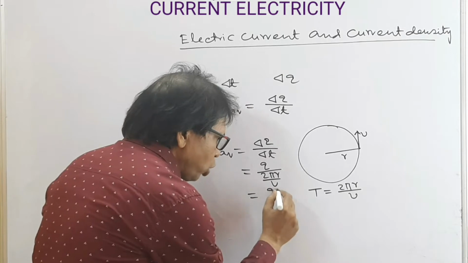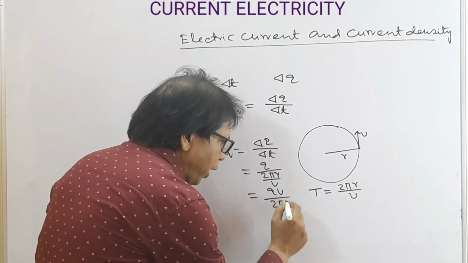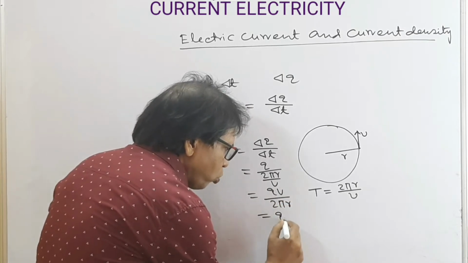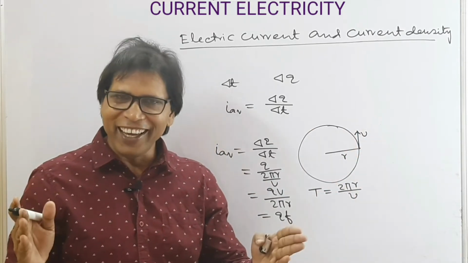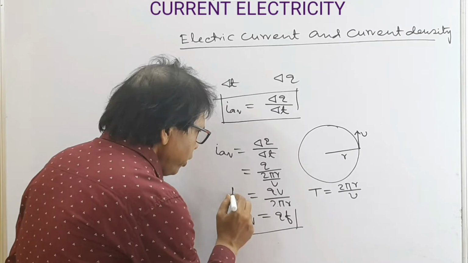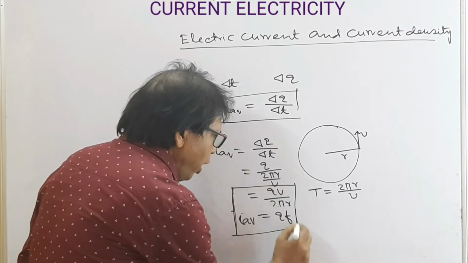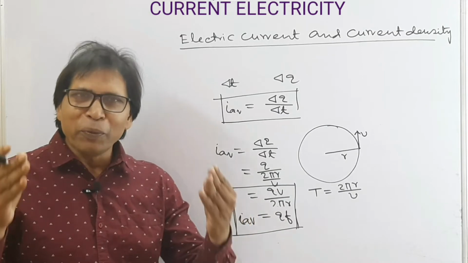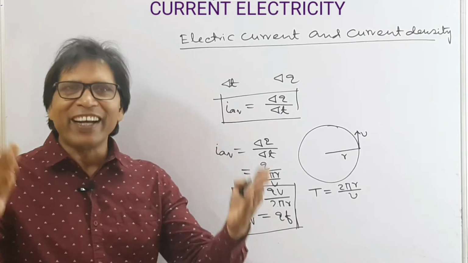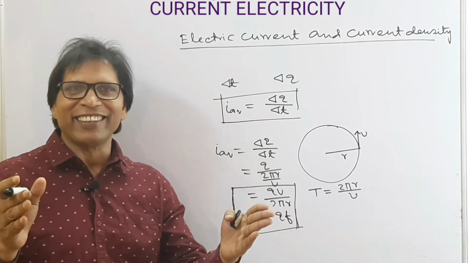So this is qv by 2 pi r, which is equal to q into frequency of revolution. These two formulas will be extremely helpful for you to find the average current in a circuit.